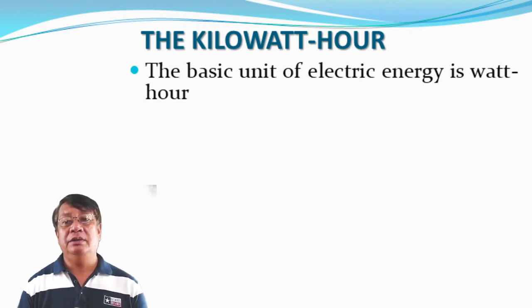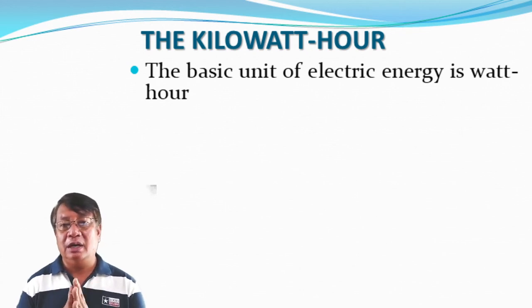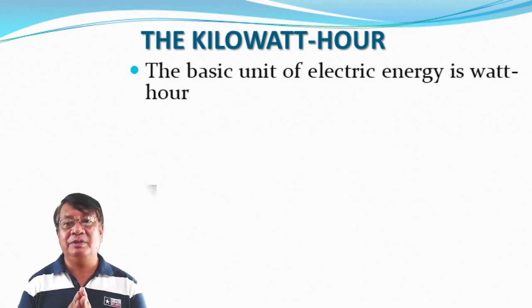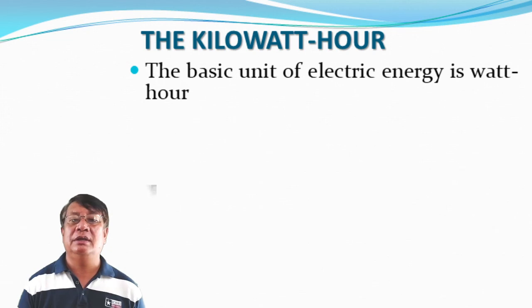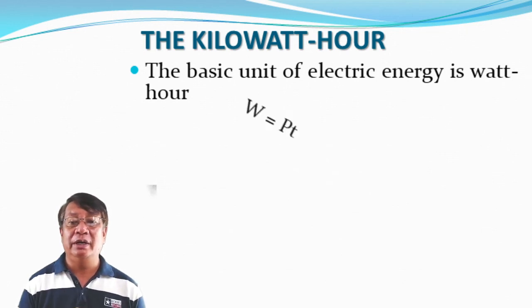Next, let us discuss the kilowatt hour. This is now the energy. The kilowatt hour or watt hour: kilo is a prefix meaning 1000, so 1000 watt hour. That is the energy. The basic unit of electric energy is the watt hour.